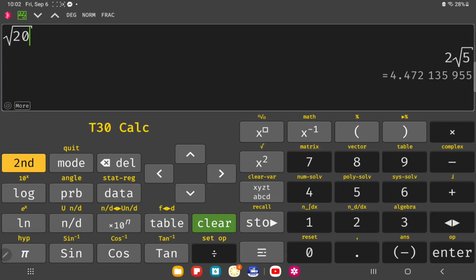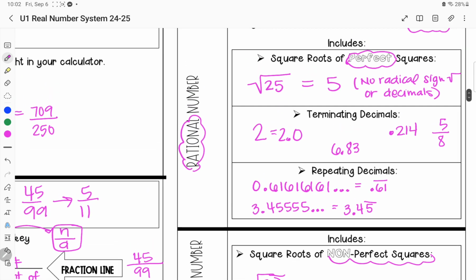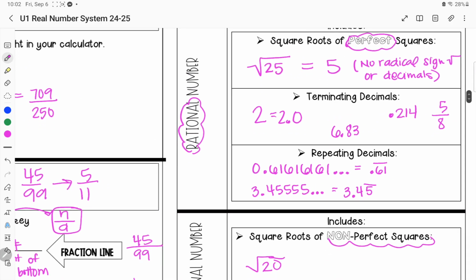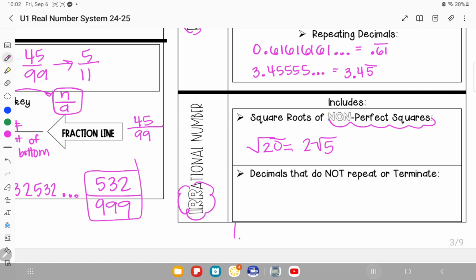You'll notice right here, I come out with 2 root 5. This did not come out as a whole number like we talked about here. This is why this is a non-perfect square. It comes out as 2 root 5, which means this has a radical left, so it is a decimal that goes on forever and doesn't terminate.